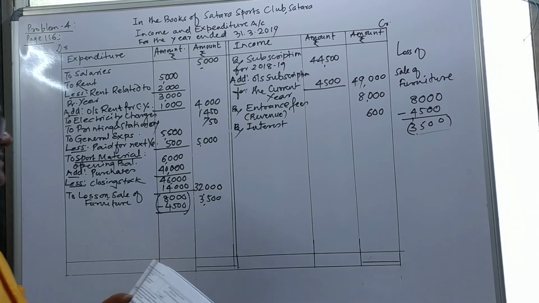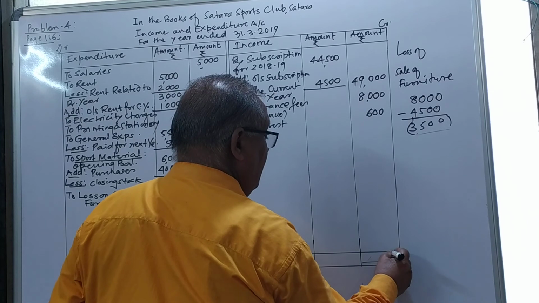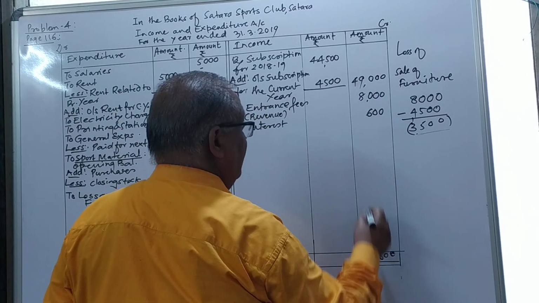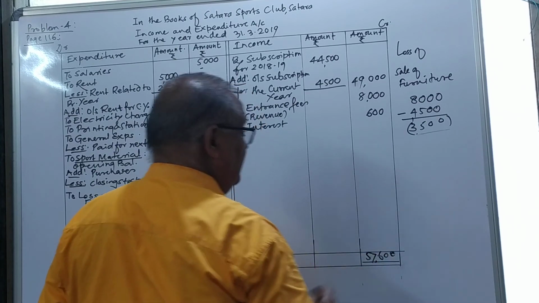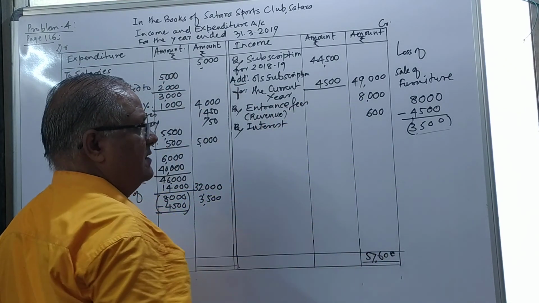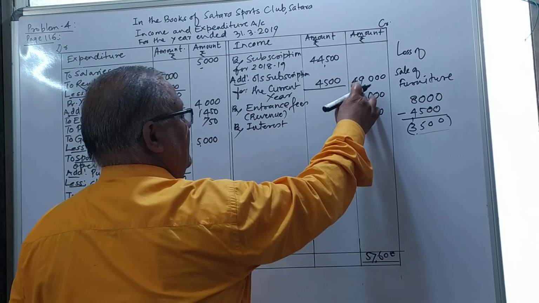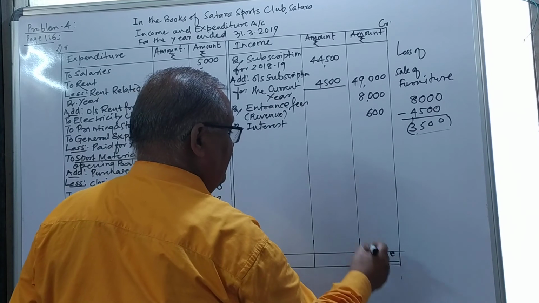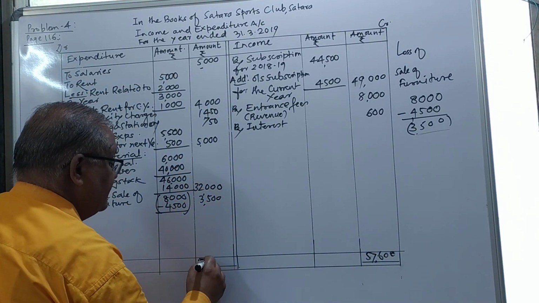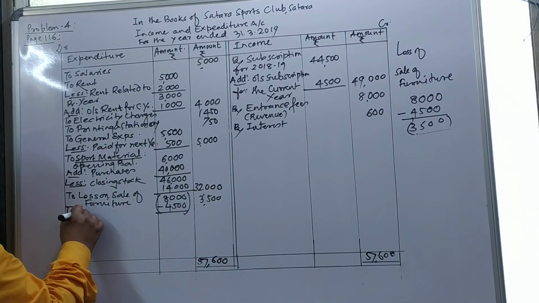The income side total comes to 57,600. Once again, I'll check whether it is correct or not. I'll put the same here, 57,600, and I will ascertain the surplus here.